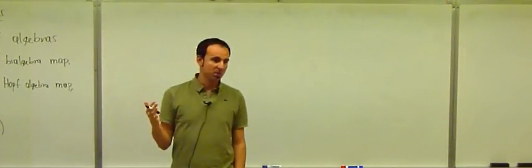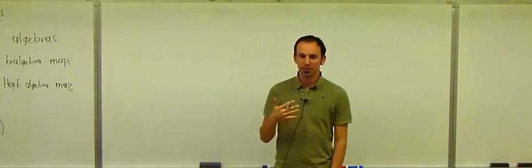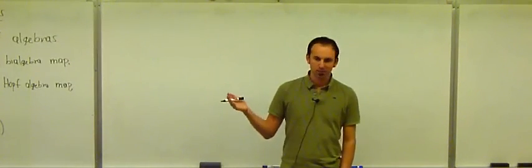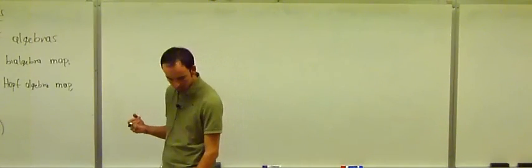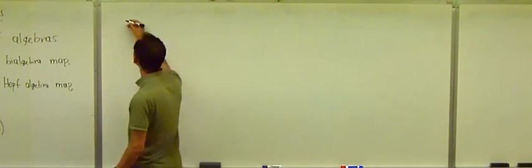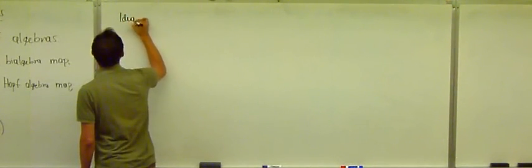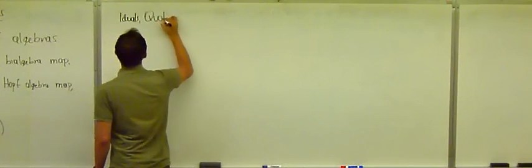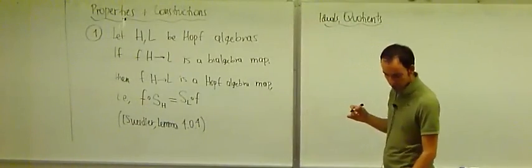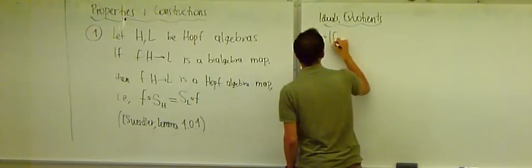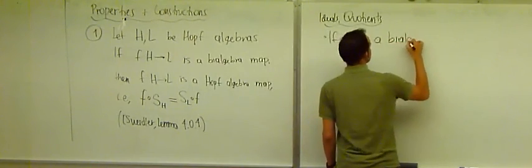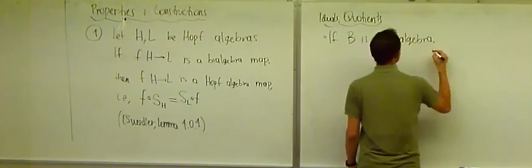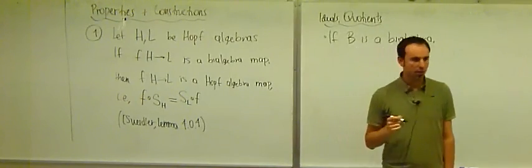Given again that we're going to talk about maps, we very quickly want to start talking about what are ideals, kernels, etc., sub-Hopf algebras, etc. And so let's talk about that, ideals and quotients. If you have a bialgebra B, then what does it mean to be an ideal in a bialgebra?